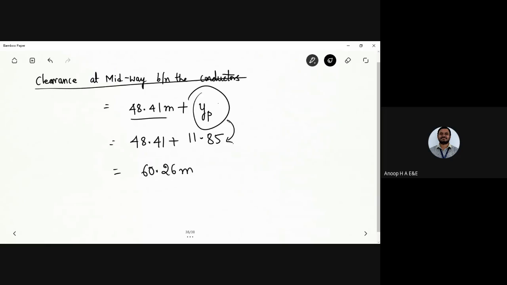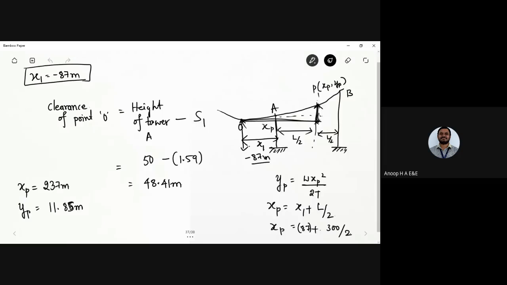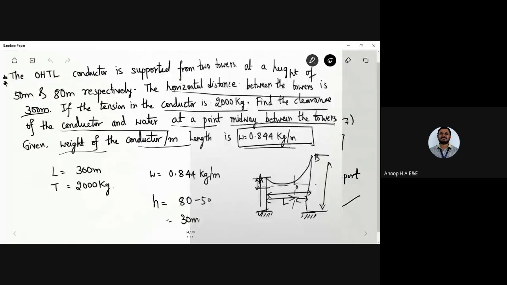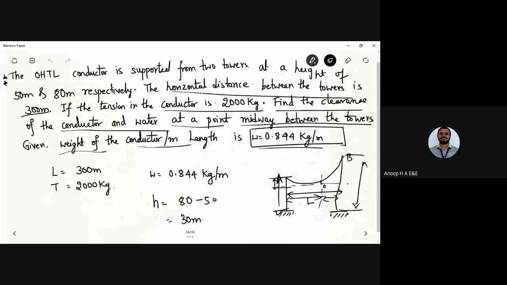Okay, fine. I hope you got how to solve this problem. If you have any doubts, do let me know right now. If you have missed any point, such problems will be asked from the test or examination point of view also.